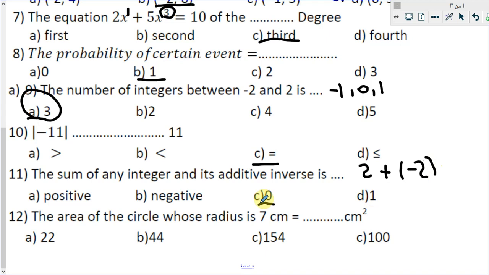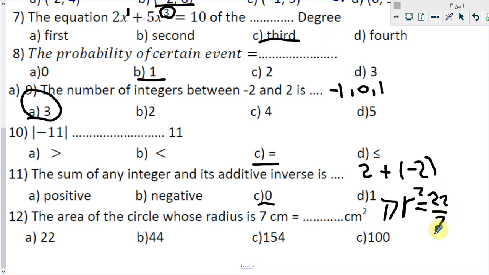Okay, the last one, the area of a circle whose radius is 7 centimeters. We know the rule of the area of a circle is pi r power of 2, and we know that we have two values for pi, but we will use 22 over 7.